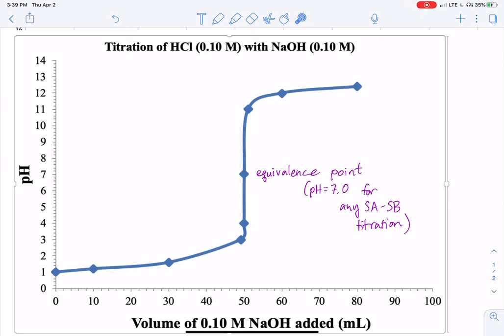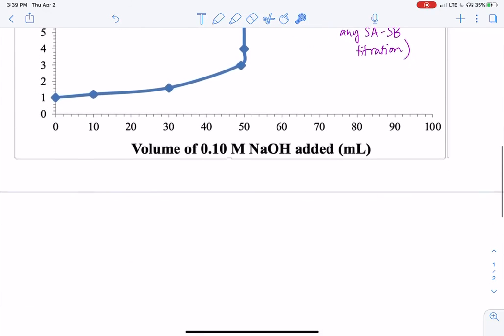Now, let's say I were doing the opposite. Let's say I'm titrating a strong base with a strong acid. What would the pH curve look like in that scenario? Let's sketch it.